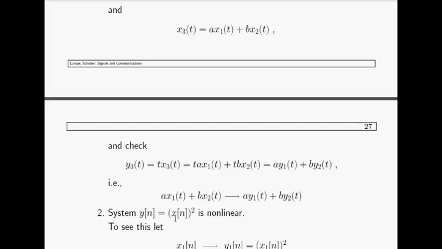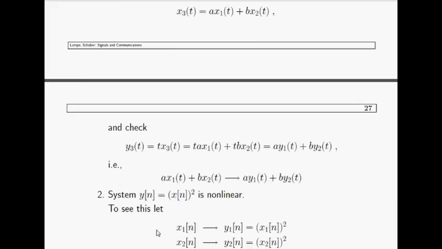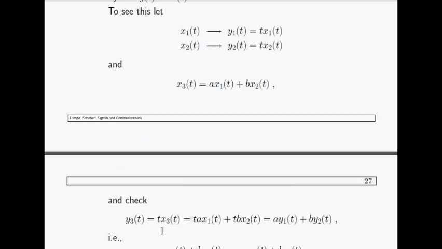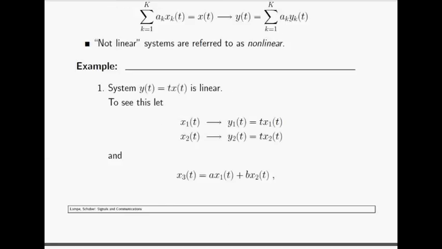Now let's see an example of a non-linear system. The system is y[n] equal to x[n] square, which is a quadratic system. In the checking of linearity, there are some steps which you need to follow. First, take one signal x1 of t and find out its corresponding output.